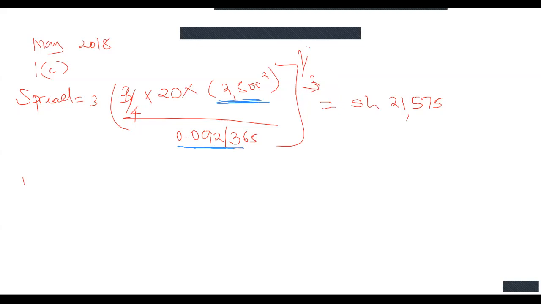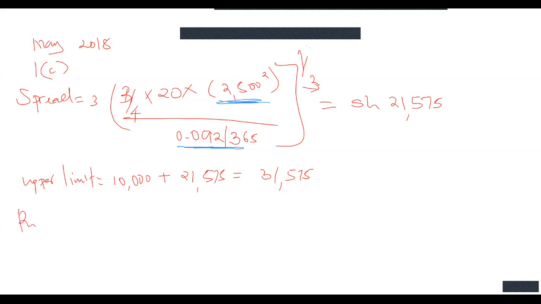Upper limit is the lower limit, okay? The lower limit is given to us as equal to 10,000, plus the spread, and the spread is 21,575. Therefore, this gives 31,575.